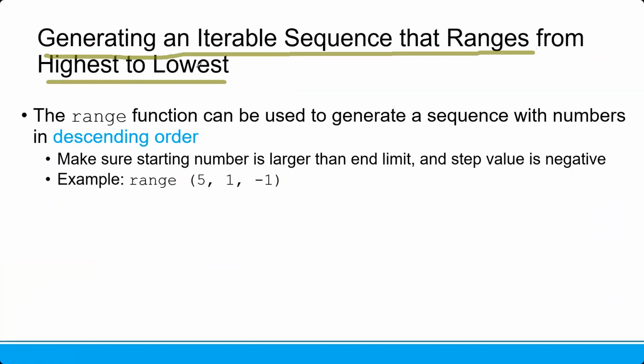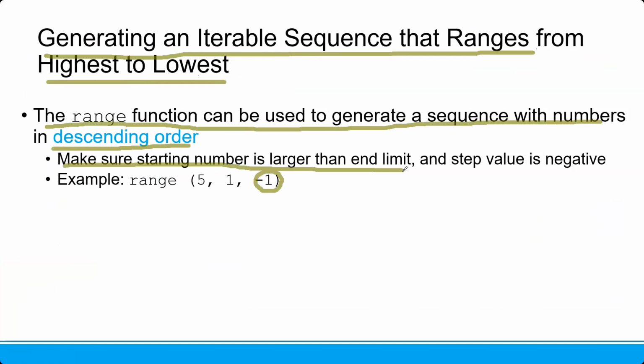Yes, you can, but you need to put the step. The range function can be used to generate a sequence with numbers in descending order. Descending order means from the highest to the lowest.